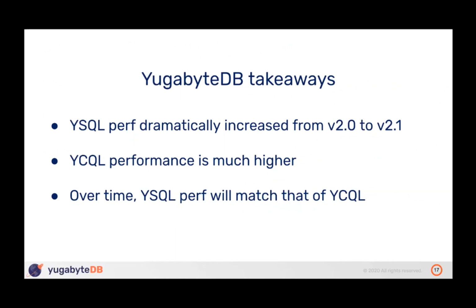And over time, because it uses the same storage core, which implements transactions, storage, lookups, and all of the harder parts of a query, we expect YSQL performance to start to match what YCQL will do, because both of those are relatively stateless query layers in some sense.